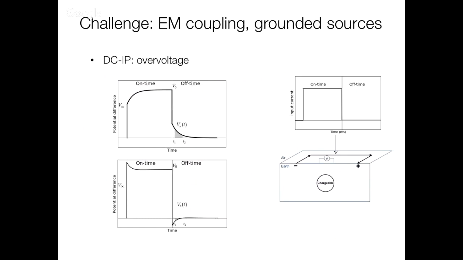However, we also showed that if I turn the transmitter off, I get a time varying magnetic field, so I get an effect of that. When I turn the current off, I get a response that's actually negative. So this is all an EM induction response.